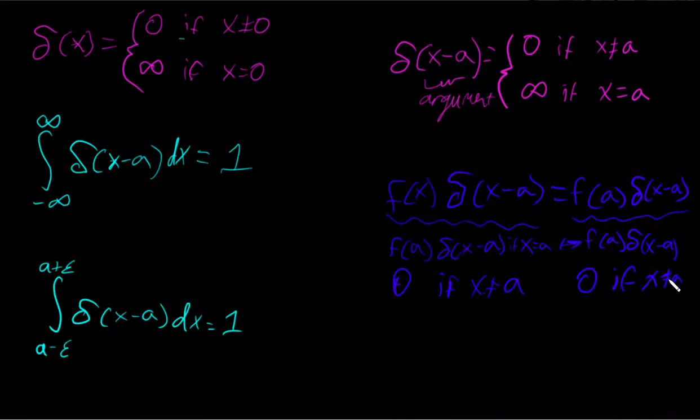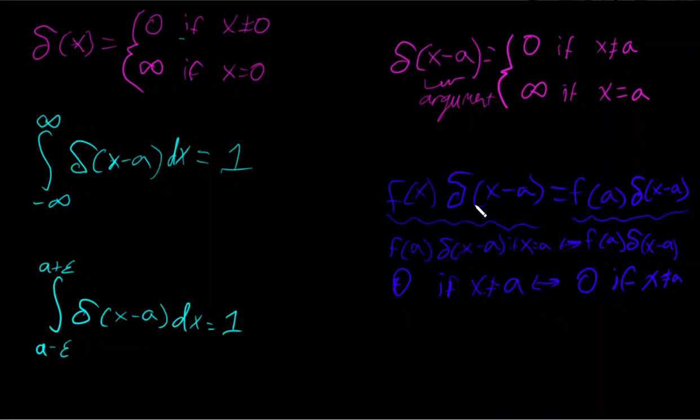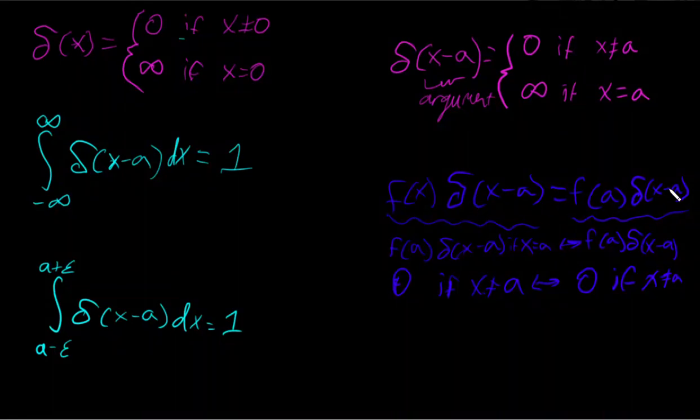So this is a pretty subtle point, but it is really important that this property of the delta function is true: f of x times delta of x minus a is equal to f of a times delta of x minus a, because if x does not equal a, then it's 0, and 0 equals 0.